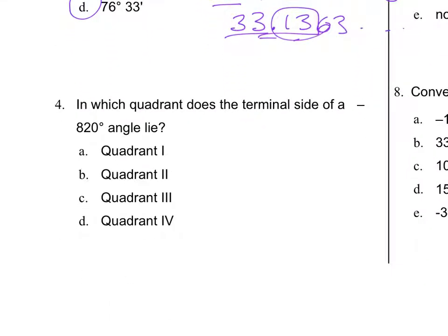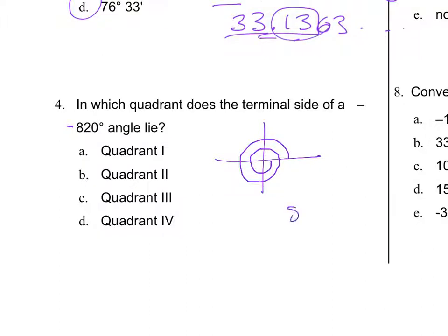In which quadrant does the terminal side of a negative 820 degree angle lie? Oh, my negative didn't transfer down here. Okay, so let's look at this. Negative means I sweep downwards. One full circle is 360. I do another full circle, and that's 720.